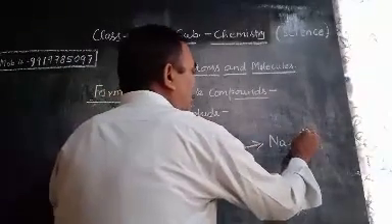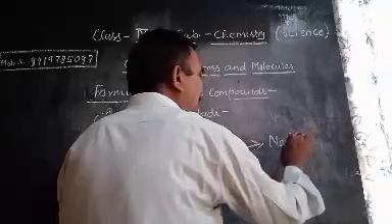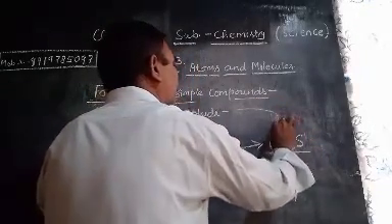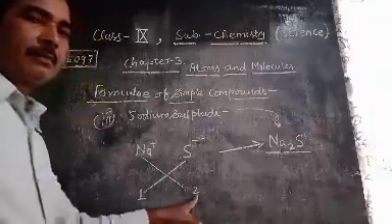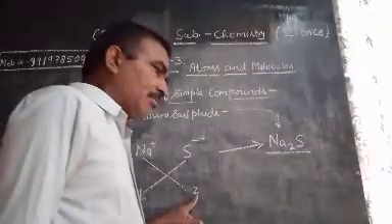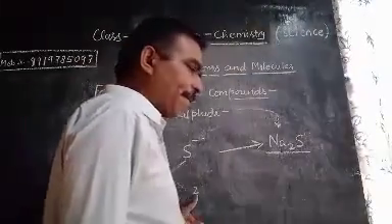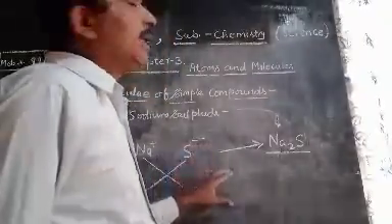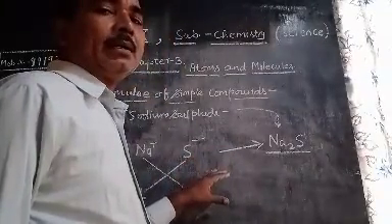It expresses that only 1 sulfur atom will take place in the chemical bond formation to form sodium sulfide. Any problem? If any problem is being created, then you can ask me.